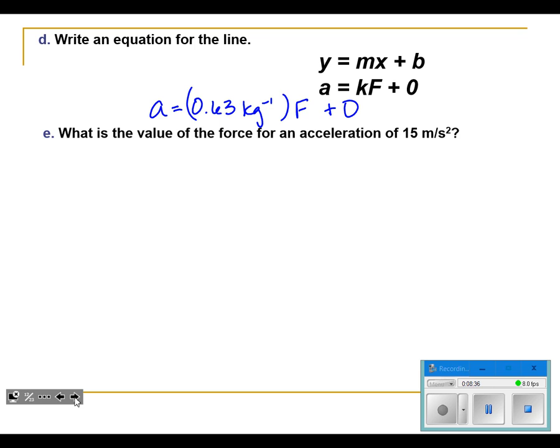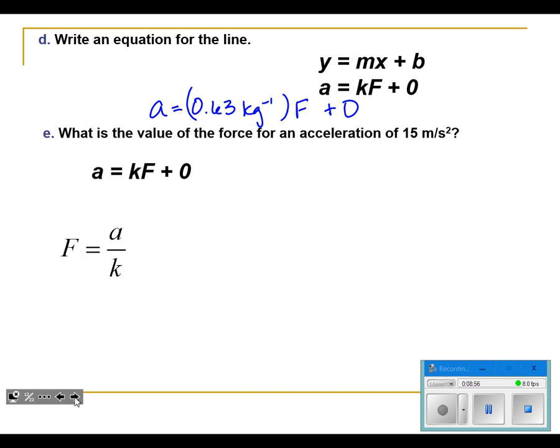So I could use this line formula now to actually make predictions. I could ask, what's the value of F if the acceleration was 15 meters per second squared? Well, if I didn't want to do it on my graph, I could do it with the line equation. Either one would work.